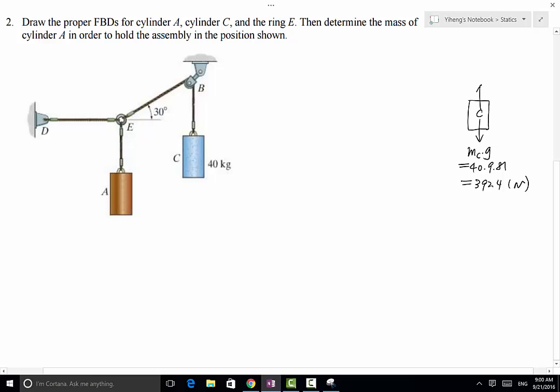And also it is subjected to the tension force from the cable, called TB.